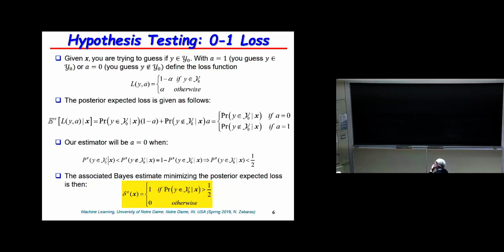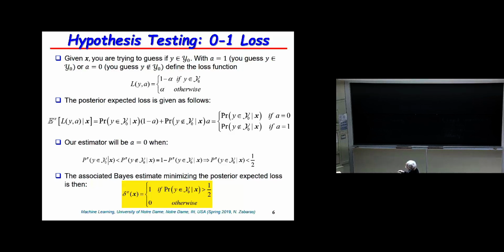And the other way around, when you declare that Y is not coming from Y0. Remember, this is a guess; this is the truth that you don't know. So you need to take a posterior expectation of this, and you get the posterior expectation that looks like that. To select what your Bayes estimator looks like, for alpha equal to 0 the implication is that this loss has to be less than that loss.